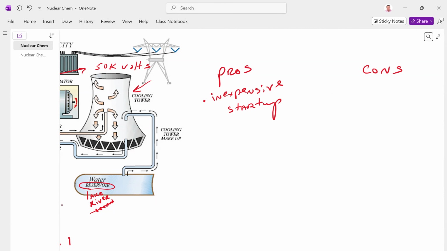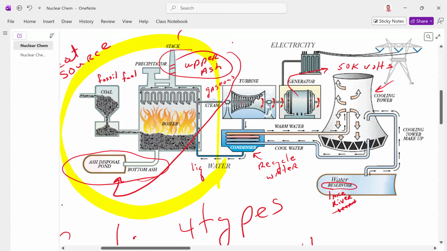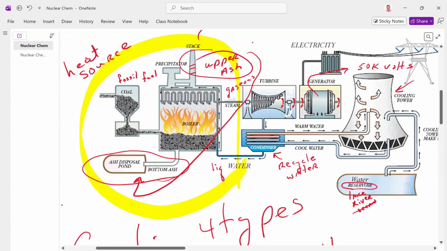You just basically build a big boiler with very efficient plumbing to vent that extremely hot steam into the turbine. The turbine turns a generator, we produce electricity. Cooling tower, you just have the initial cost of the water source, which could be an existing river, lake, or reservoir.